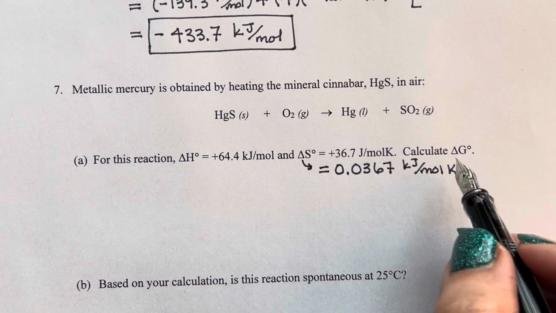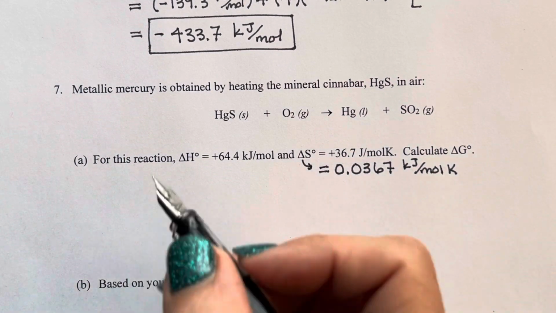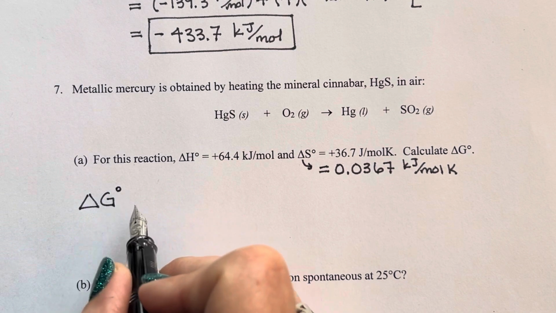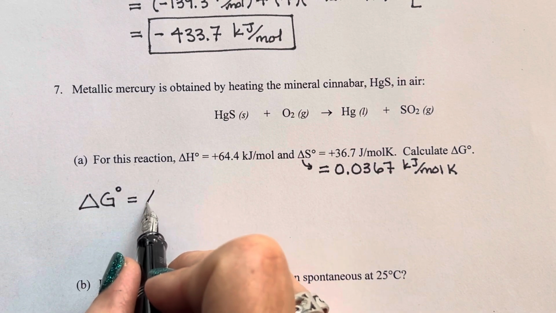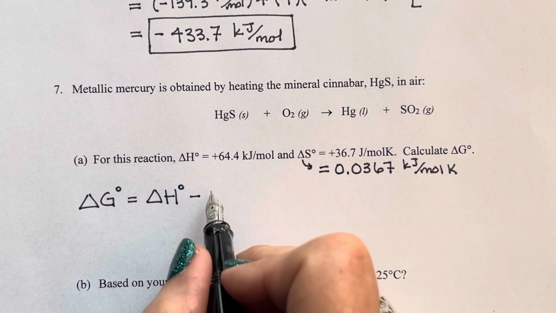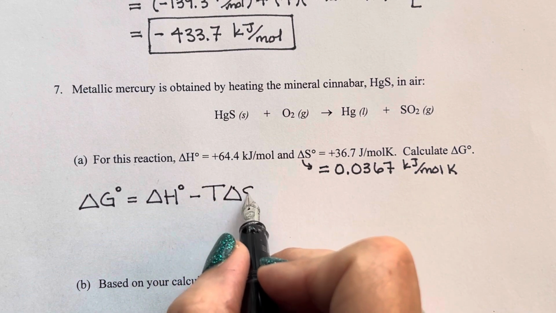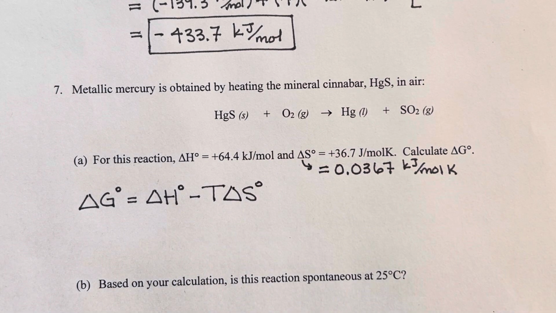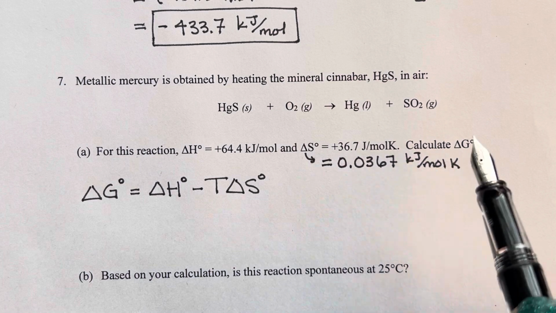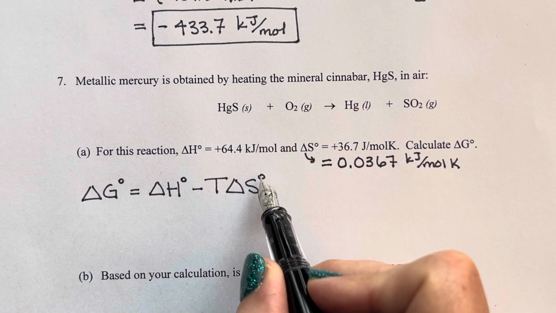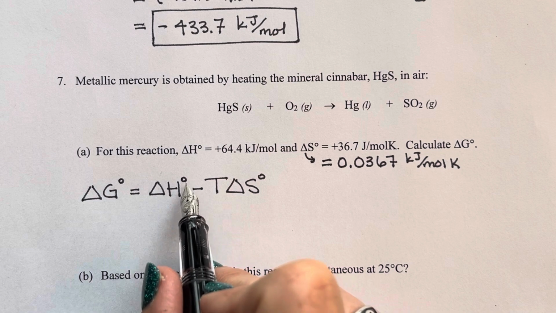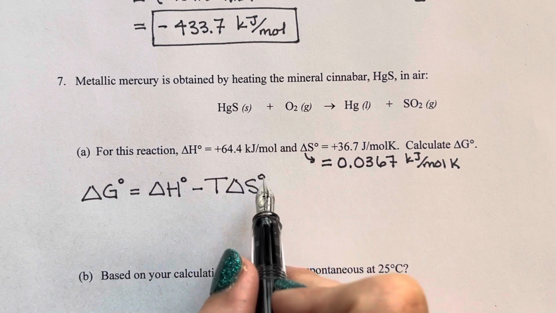All right. So it asks that we calculate the Gibbs energy. So here is our equation for that. Now, notice that it didn't give you a temperature, but it is indicating that it's standard conditions with these superscript naughts or zeros.